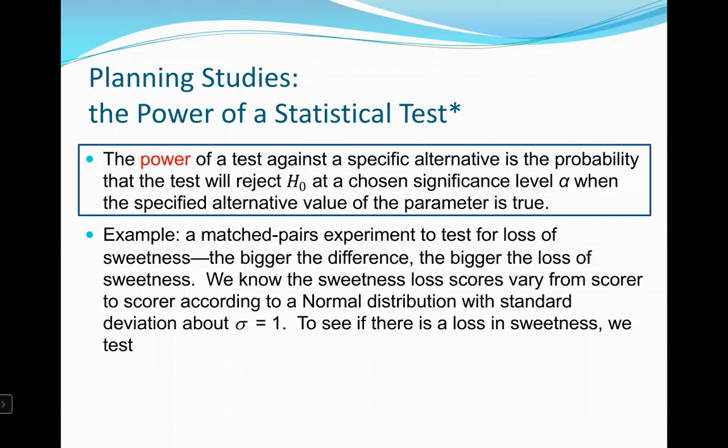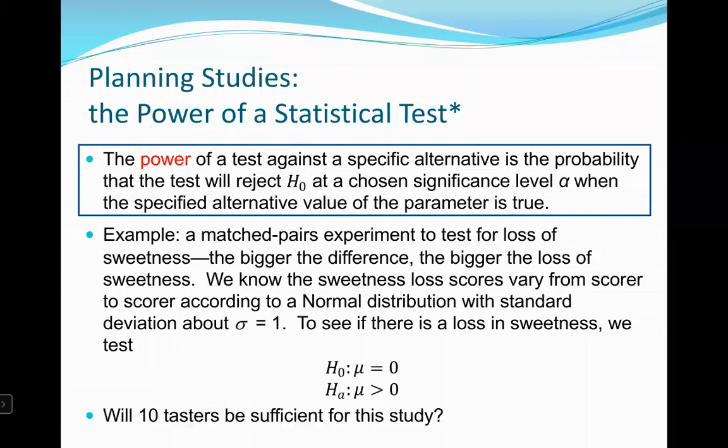To see if there is a loss of sweetness, we test. The null hypothesis is that mu equals 0. There is no difference. There is no loss of sweetness. The alternative hypothesis is that mu is greater than 0. Therefore, there is a loss of sweetness.